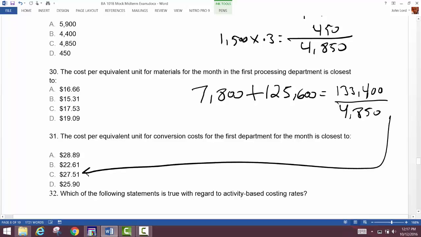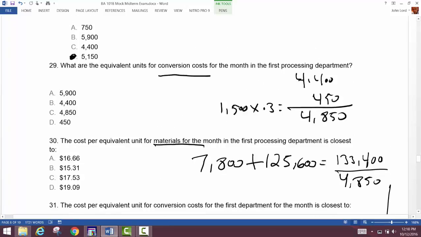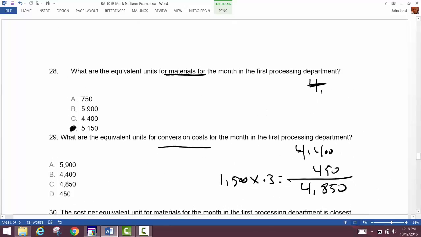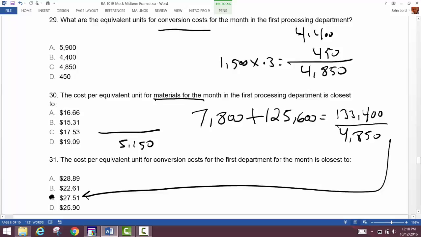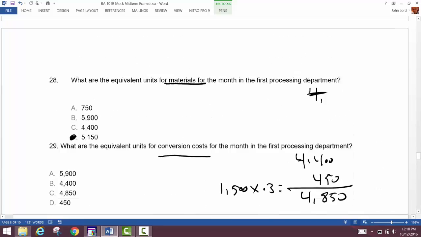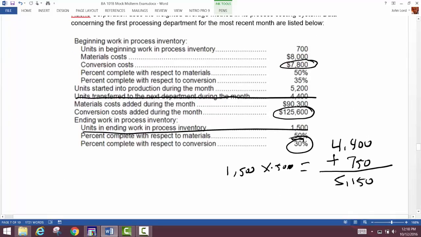Oh, what did I have to do with this one? The materials here? Okay, so for the materials, I should have picked up my materials. I thought we did materials already. Okay. For materials, I got 5,150 in my denominator, right? And now I just have to pick up the cost, and the cost here for my materials is what? 8,000.